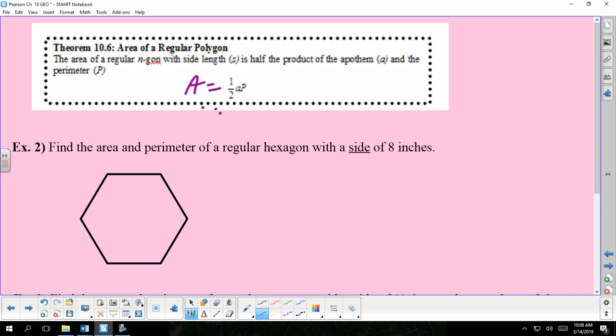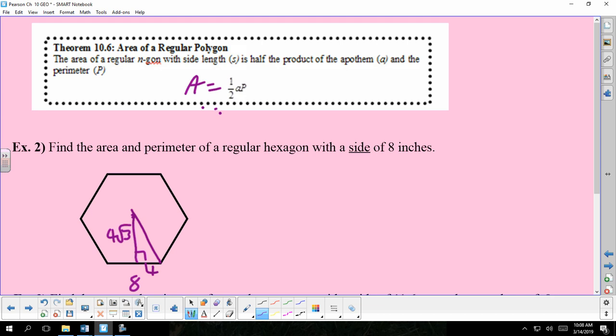So for this one, right here, we already found the apothem in the last problem. And we calculated the area using equilateral triangles. Let's see how that shakes out if now I use my area of a regular polygon formula.